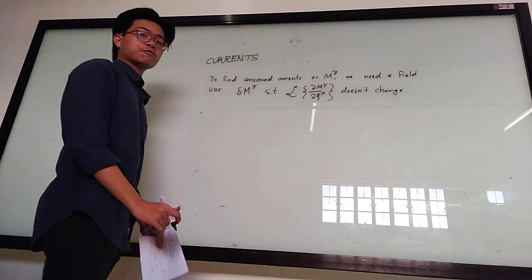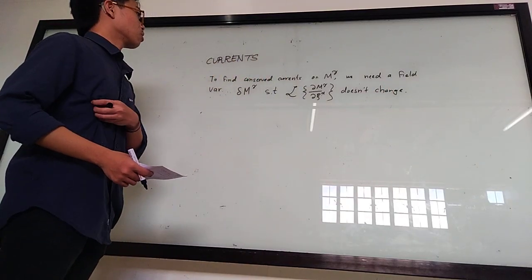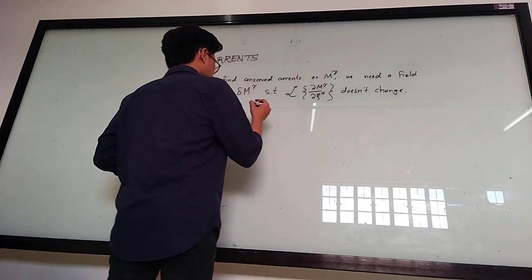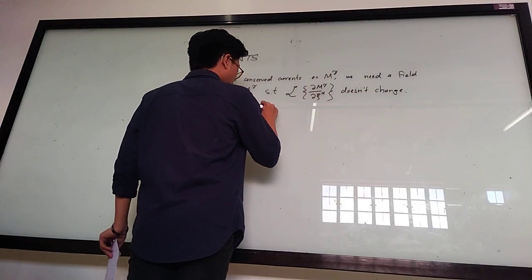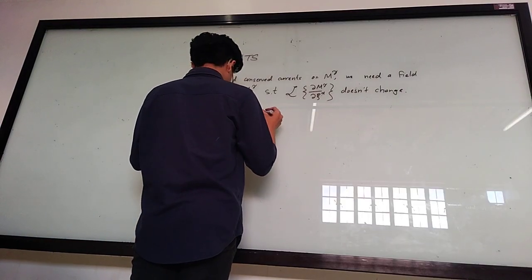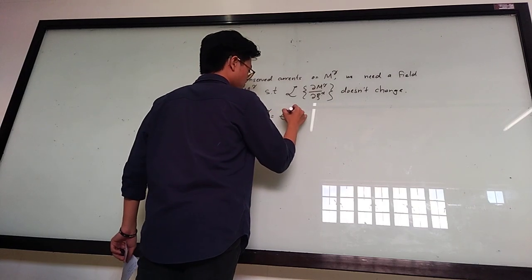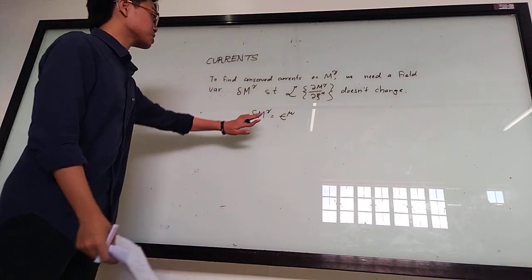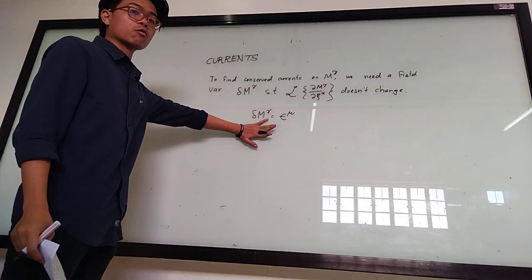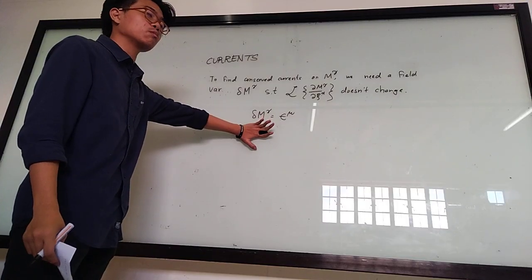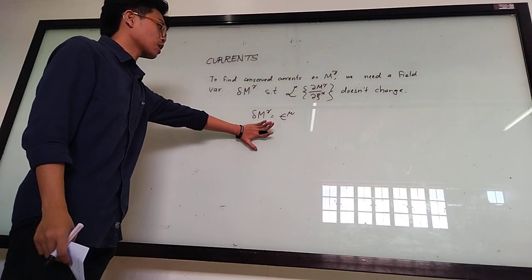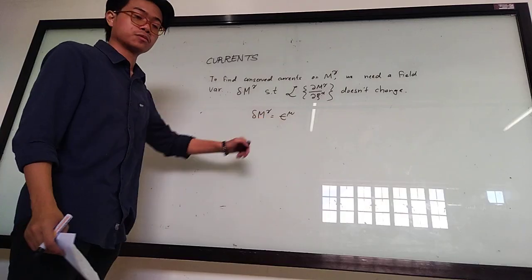So one example of this field variation would be that delta of X mu is equal to epsilon mu. What this means is that for every point on our world sheet, we do a translational movement along the vector epsilon mu.